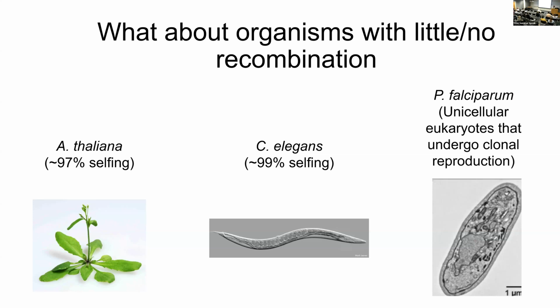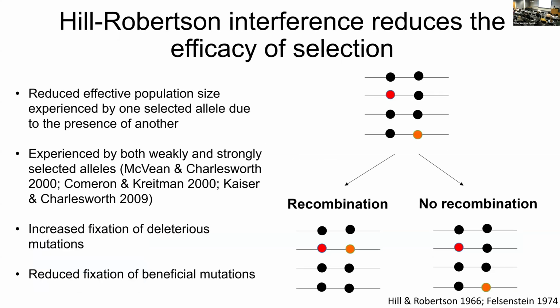Now, in that sort of context, there is something else that goes on beyond simply how purging of deleterious mutations affects nearby neutral sites. More than that, these deleterious mutations can segregate in the population and interfere with each other. So Hill-Robertson interference actually becomes a pretty dominant force in these scenarios.